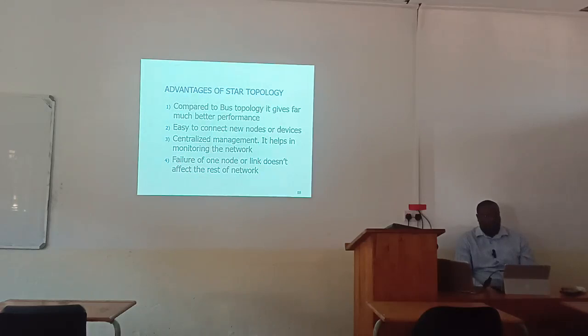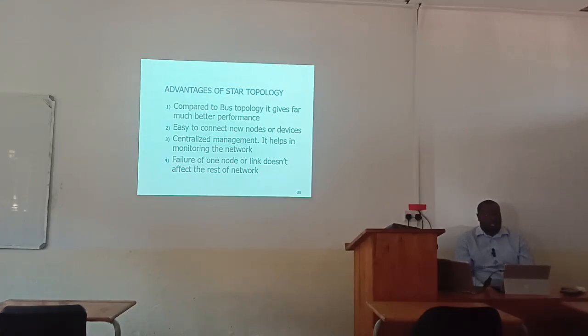Very fast, though the speed depends on the central device, because there are different specifications. For example, the specification says that the speed it can allow here is 100 Mbps.